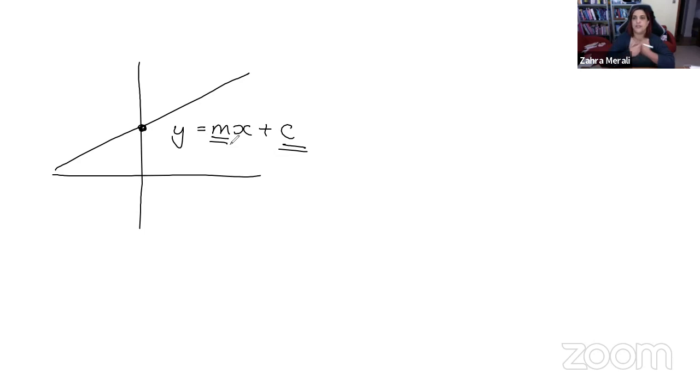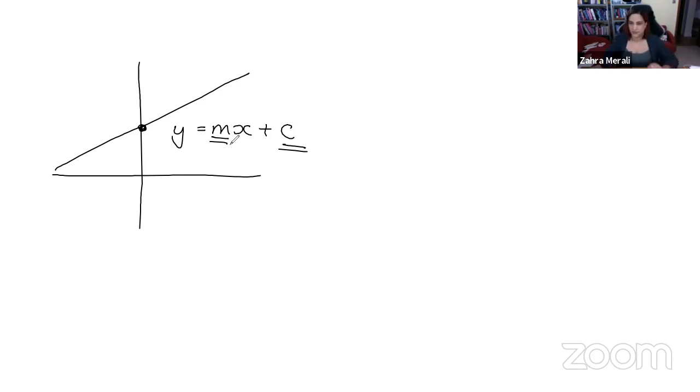Now, one of the things we use exponential graphs for, and that's probably for another lesson because it's a big part of the AS and a lot of what's tested, is we convert them into linear graphs so we can manipulate them, find out more information and answer questions.